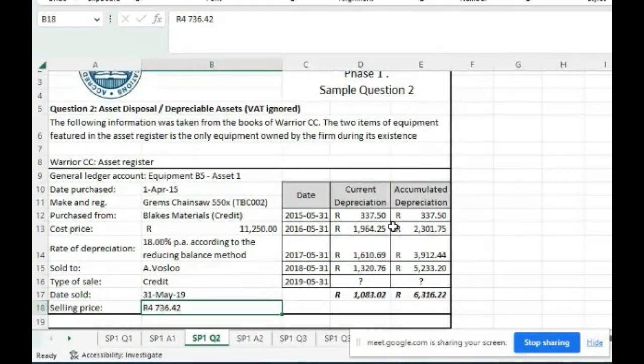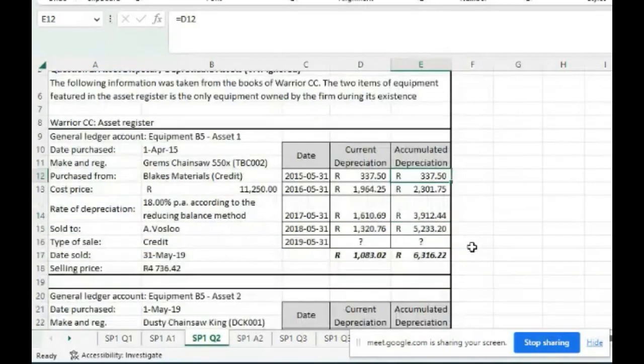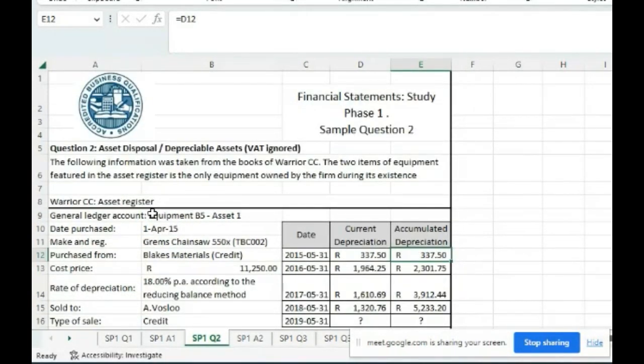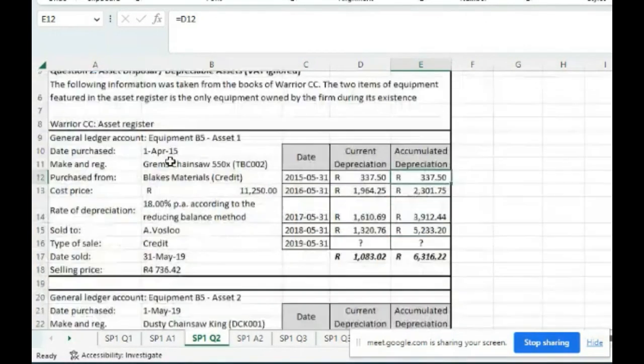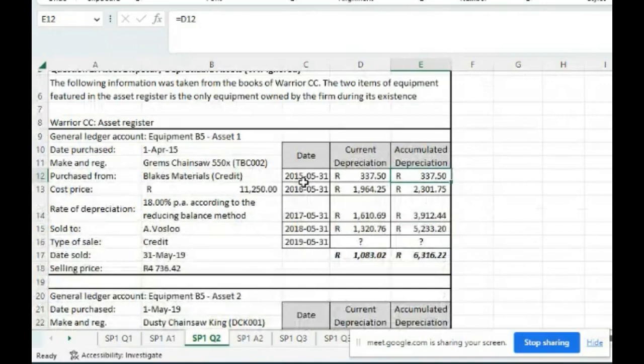So as you know, the way we get to accumulated depreciation is you just go and look at the current depreciation and you add that to what had accumulated previously. So here we can see that we are looking for the year end, and we can find it here.